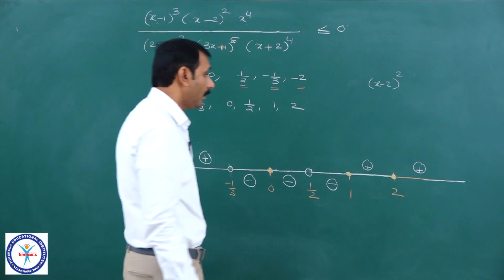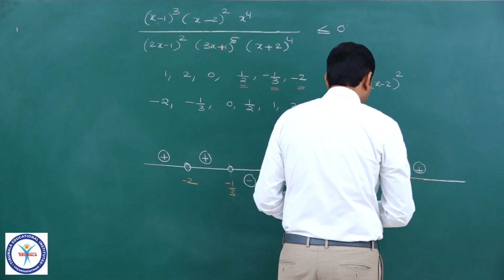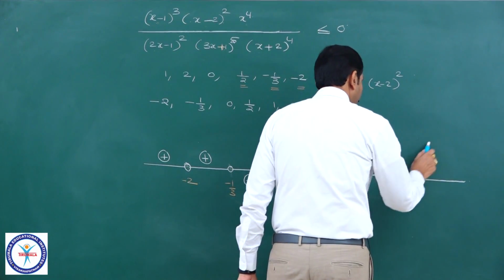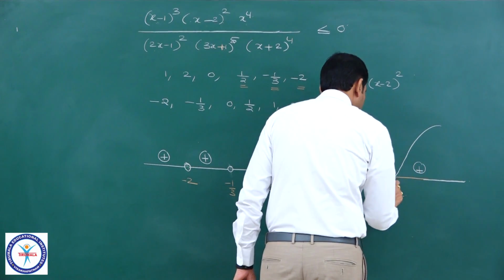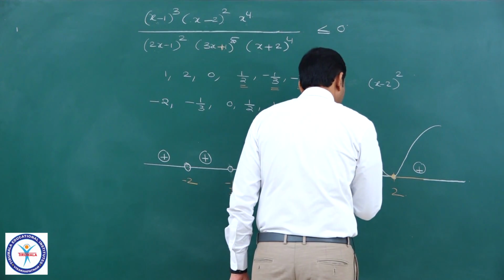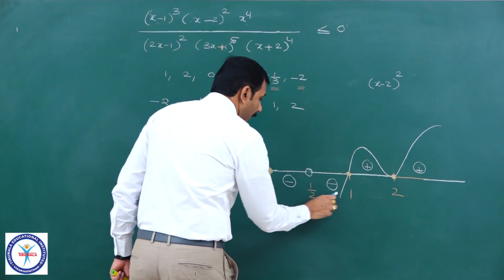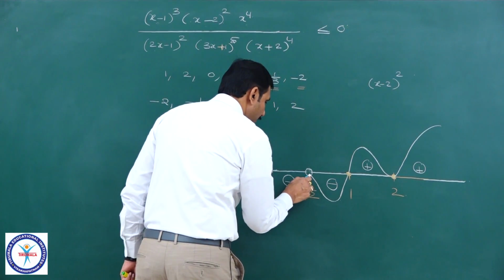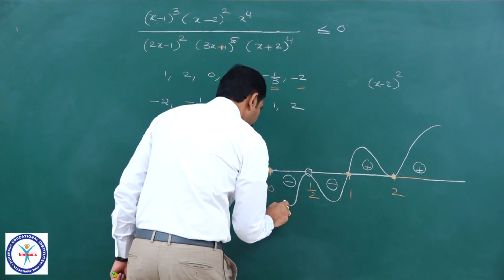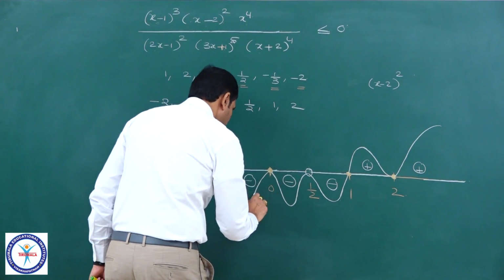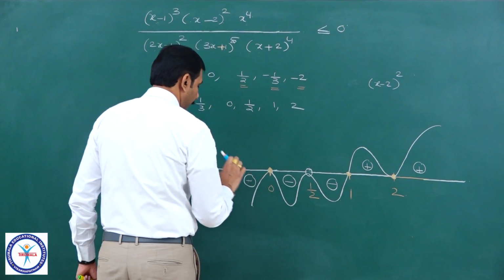Now you can draw the wavy curve, because it is positive. And here it is positive, so it will touch and it will remain on the same side, whereas it crosses because of the negative sign. Negative and negative means again you see it will touch and it will remain on the same side. Again it will touch and it will remain on the same side, because minus and minus.